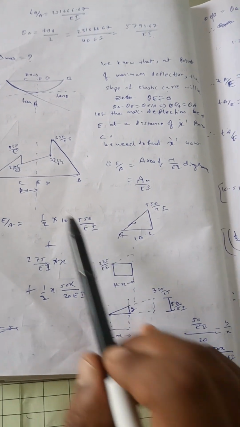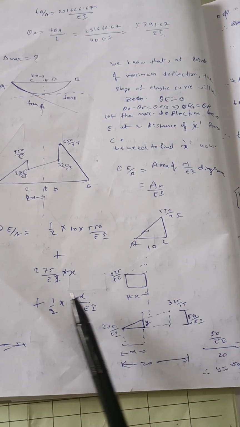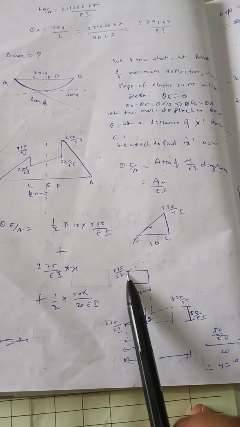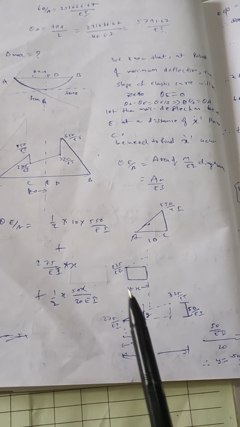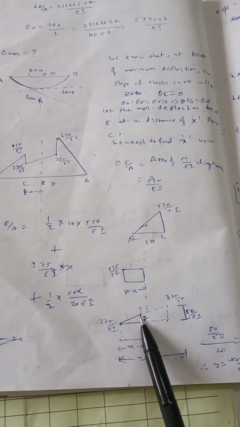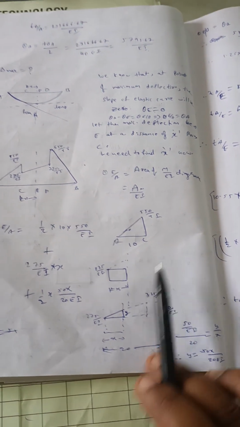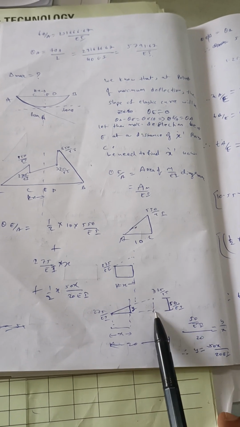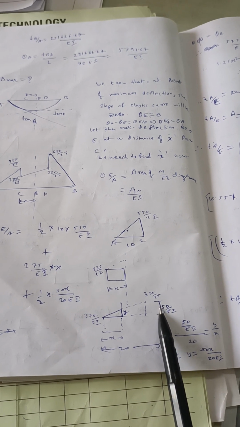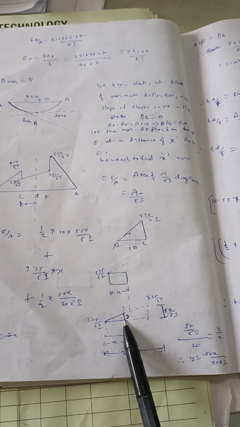Next, this rectangle: x into this height. Now for this triangle we don't know the y value, so we apply similar triangles: 50 by EI divided by 20 is equal to y divided by x.